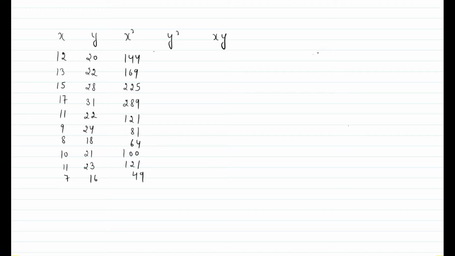So 20 square is 400, 22 square is 484, 28 square is 784, 31 square is 961, 22 square same 484, 24 square 576, 18 square 324, 21 square 441, 23 square 529, 16 square 256, that is y square.